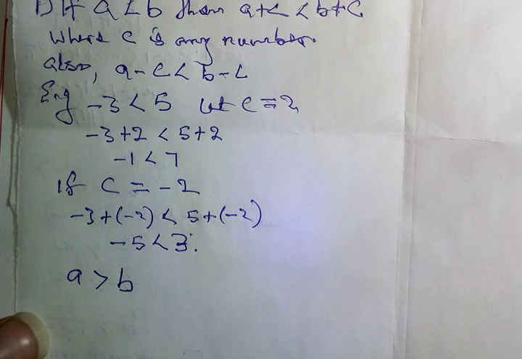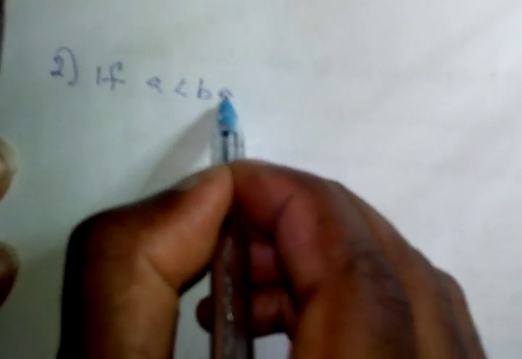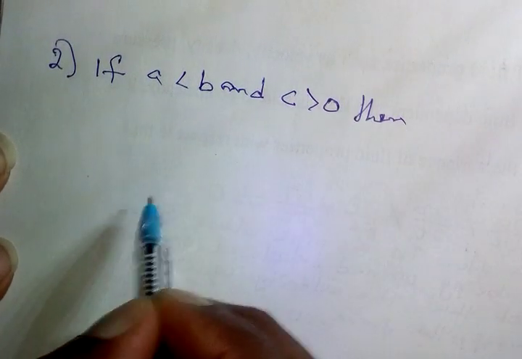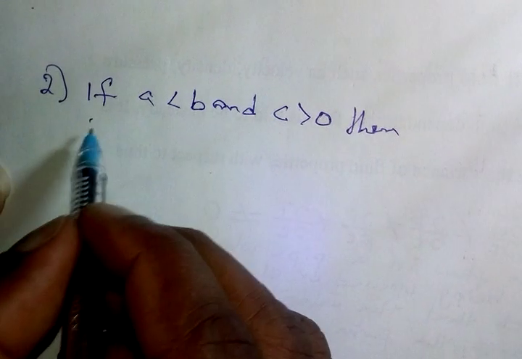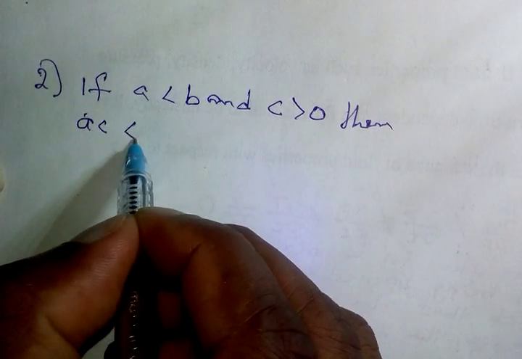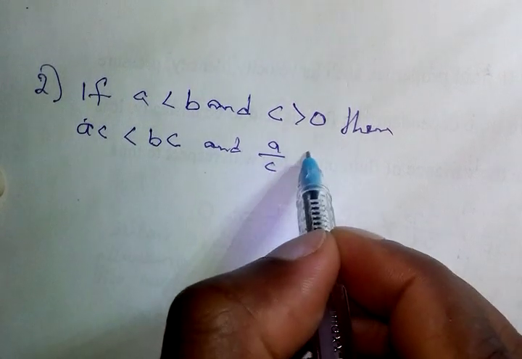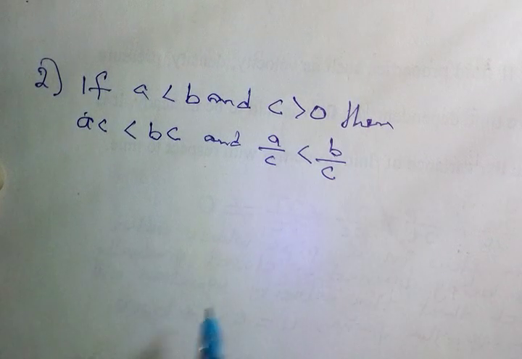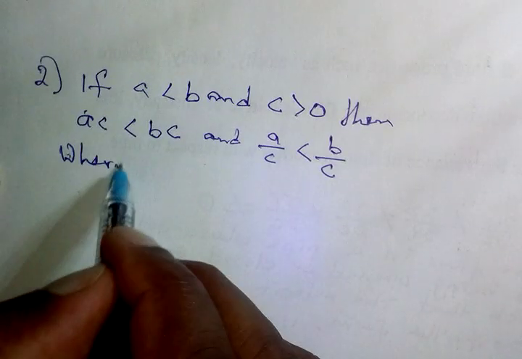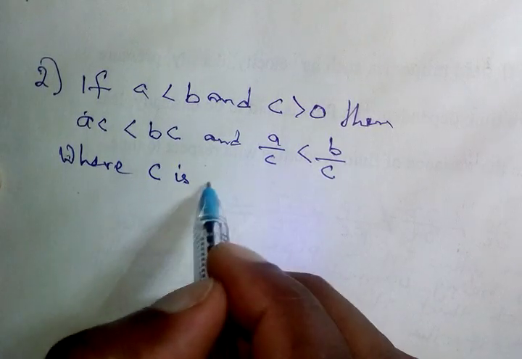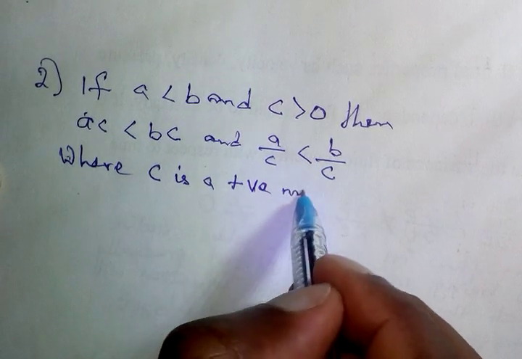Okay, now let's consider rule number 2. Rule number 2 states that if A is less than B and C is greater than 0, then AC is also less than BC, and A over C is also less than B over C, where C is a positive number.